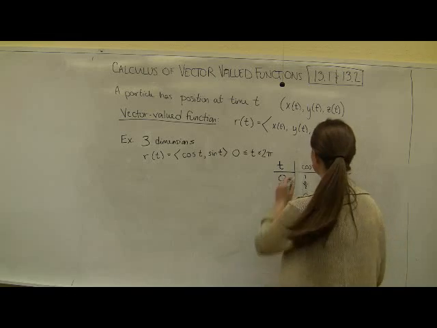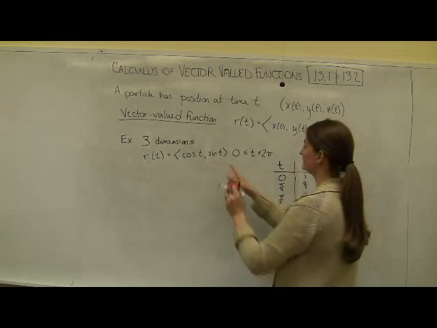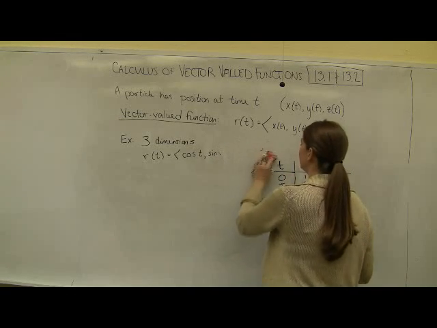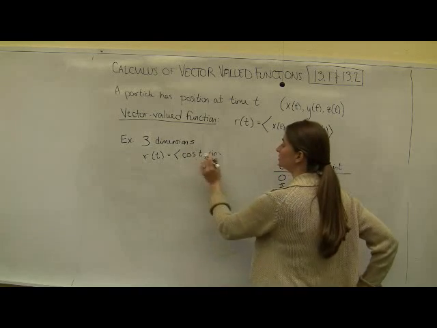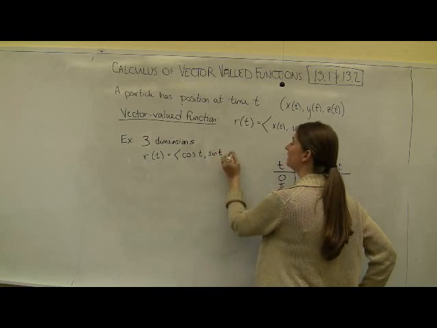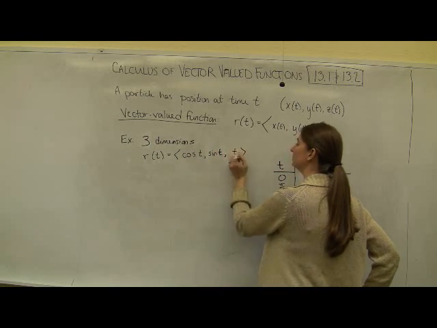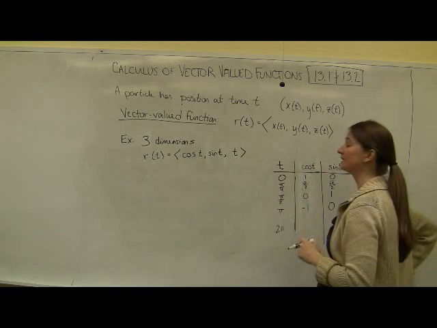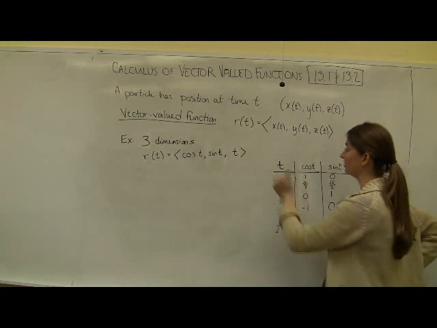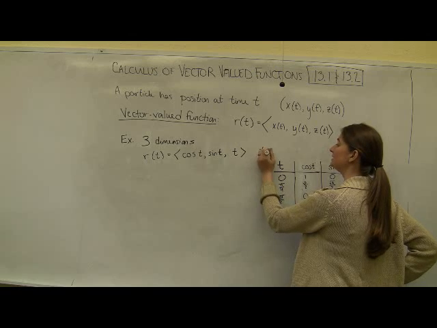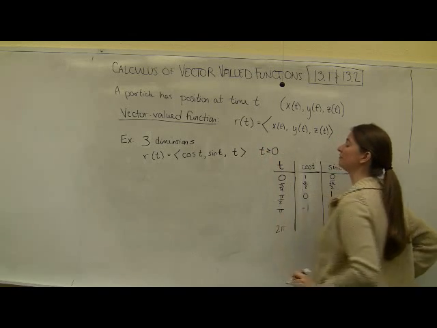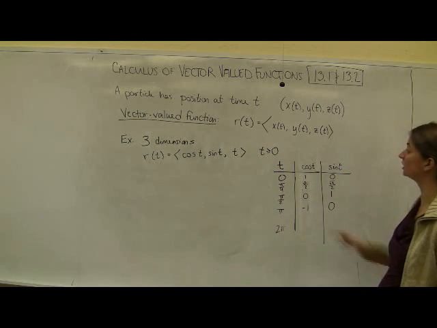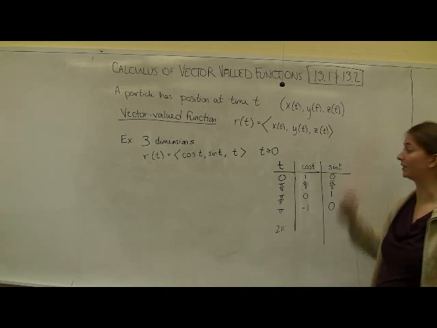Instead of being a function that's cosine t, sine t, I'm going to have my x component function stay the same, my y component function, and I'm going to add a z component function of just t. And in this case, instead of limiting myself to ending at pi over 2, I'm just going to have my t's go off to infinity. My t's are just going to start at 0 and get bigger.